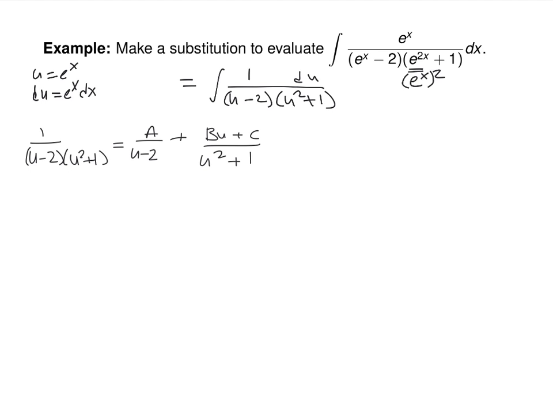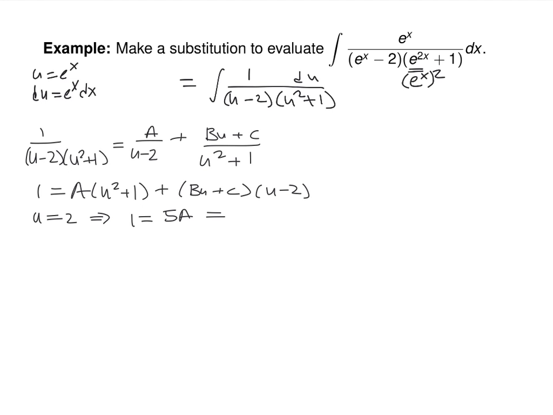Multiplying by the denominator of the left side, we have 1 equals A times u squared plus 1 plus Bu plus C times u minus 2. Now input u equals 2, and we get 1 equals 5A. So we know that A is a fifth.